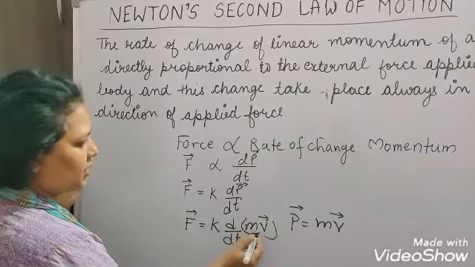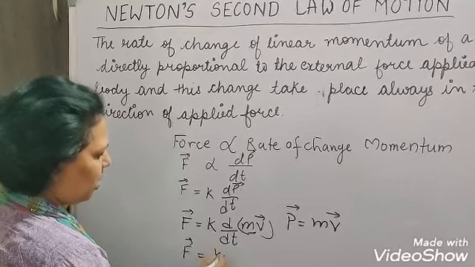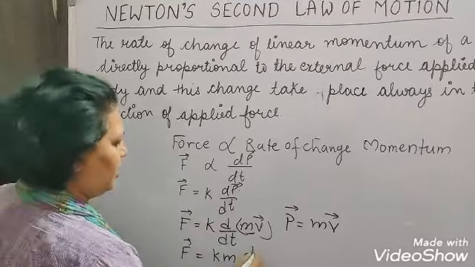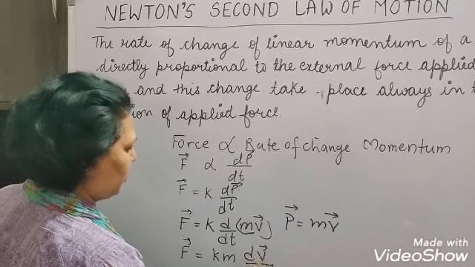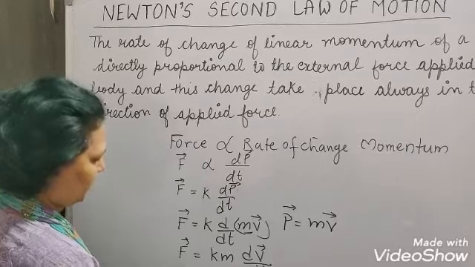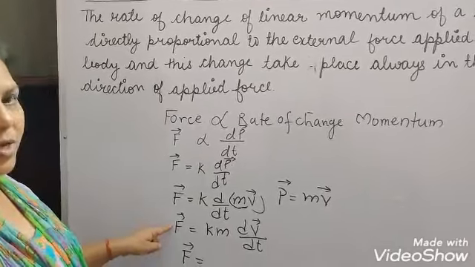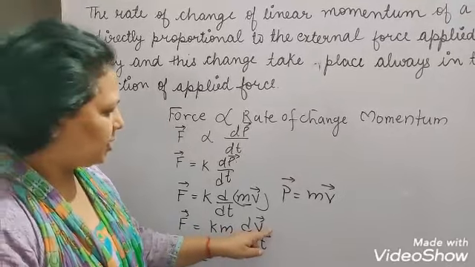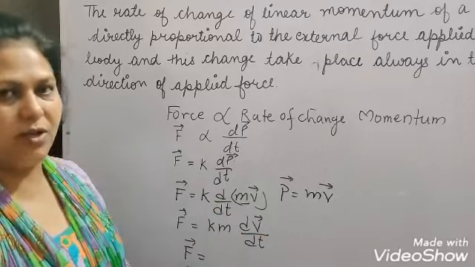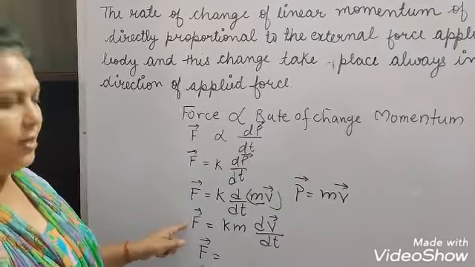Since mass is a constant quantity, it will come out of the differentiation, and this is dv upon dt. The force is working in the direction of change of velocity, or you can say the velocity will change wherever the force is directed.